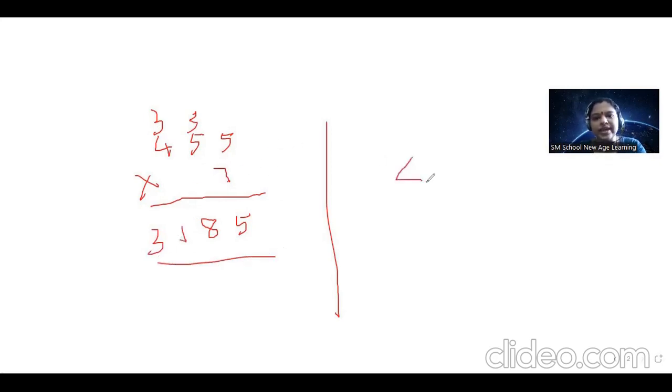But whereas in Vedic maths, what happens is 455 into 7. So you just multiply each number individually.